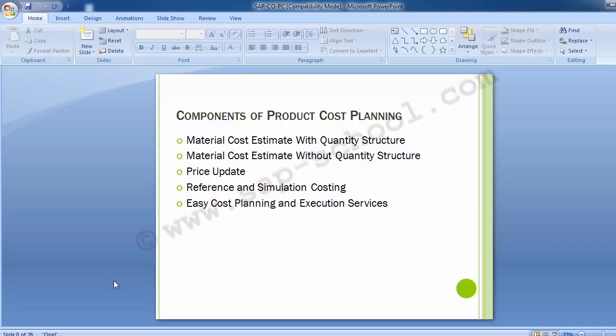Cost data within the product cost planning can also be made available to other applications. For example, you can update the standard price in Material Master with results of cost estimates and evaluate materials using this new standard price.